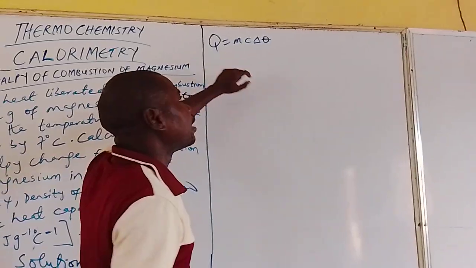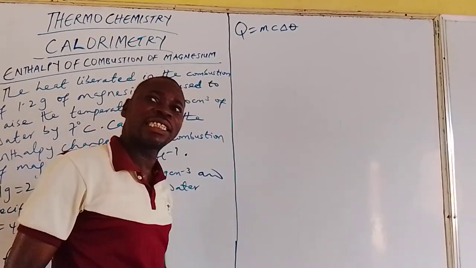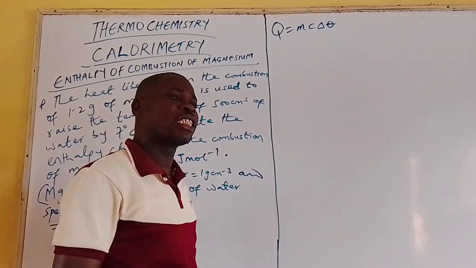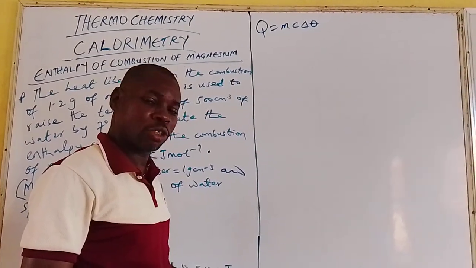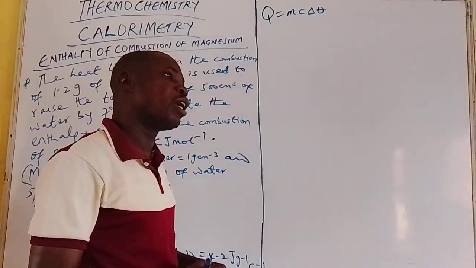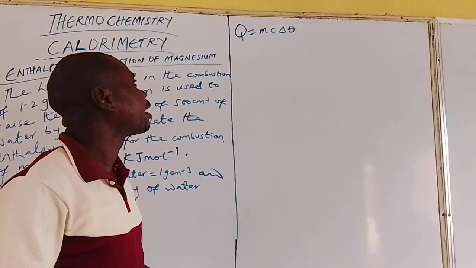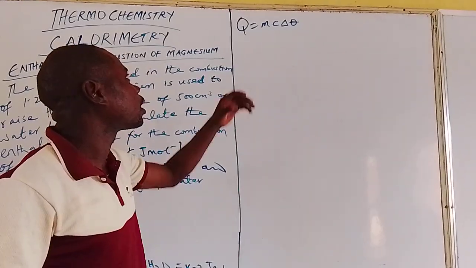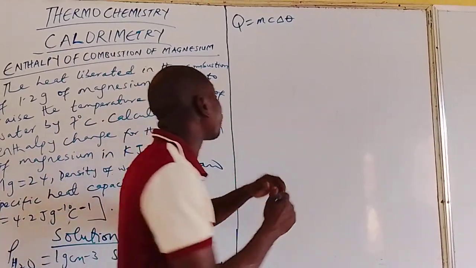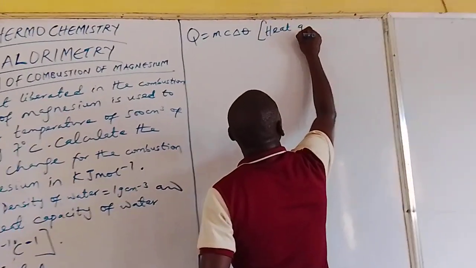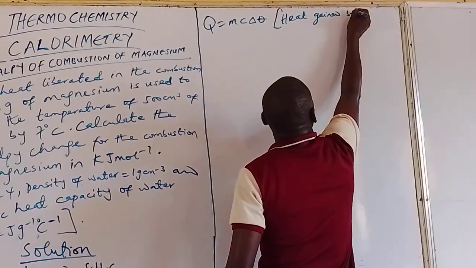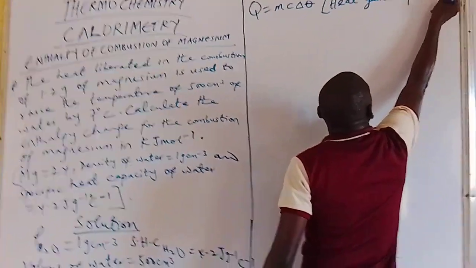Because we know that specific heat capacity can be defined as the quantity of heat required to raise the temperature of a unit mass of a substance by 1 degree Celsius or 1 Kelvin. That is the definition of specific heat capacity of water. So we need to find the heat gained by water.